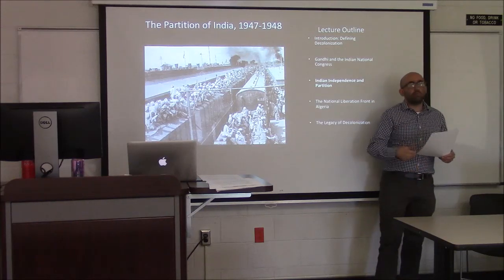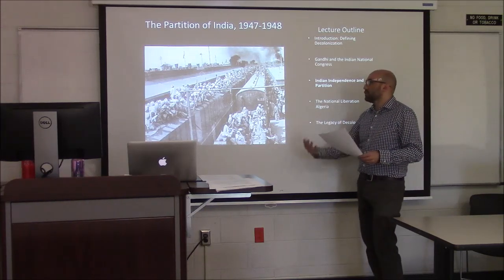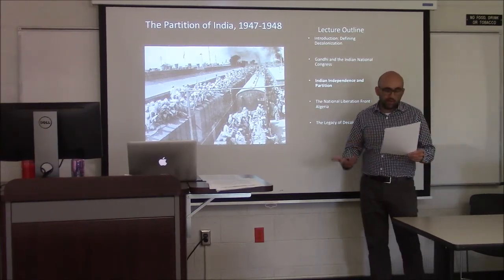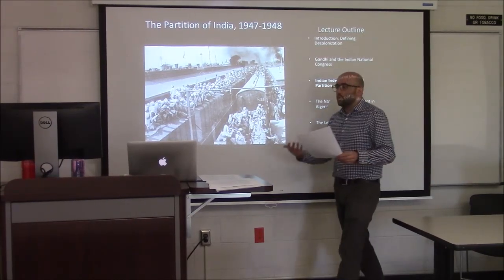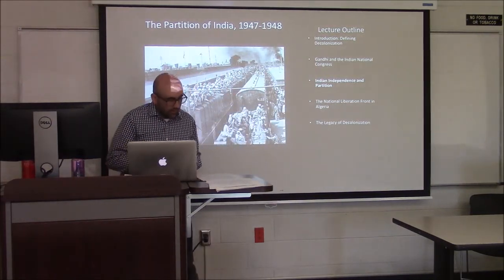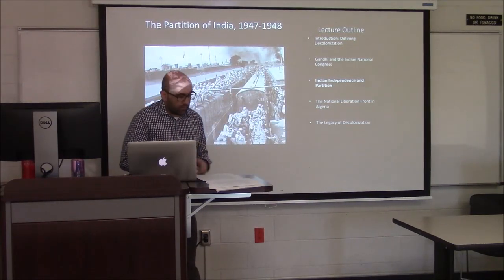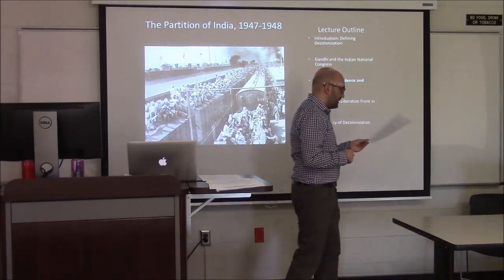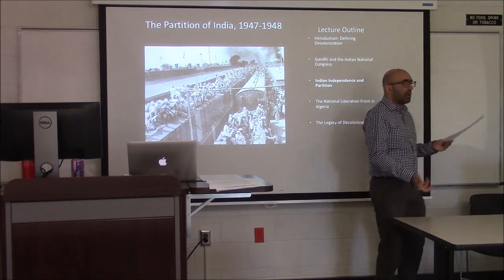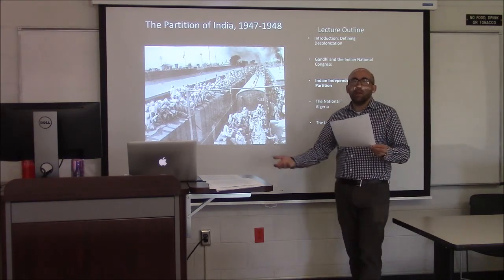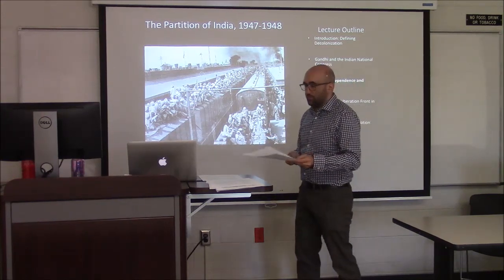So the violence between Muslims and Hindus destroys Gandhi's vision of a unified India, and instead, two countries emerge in its wake. The British do agree to the partition solution, and on August 14th, 1947, the country of Pakistan gains independence. One day later, India does the same.